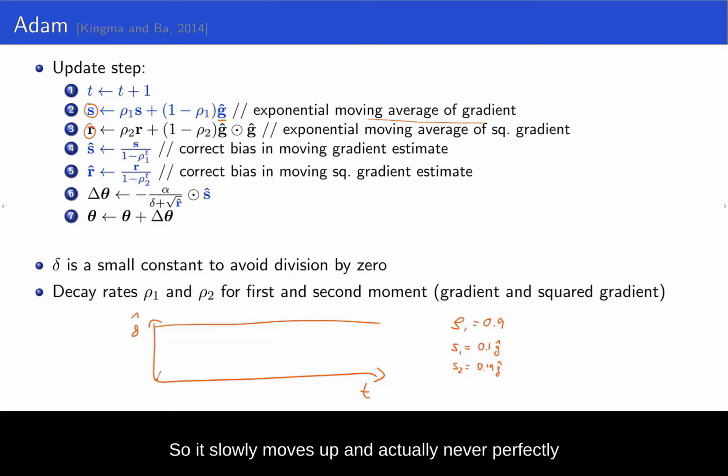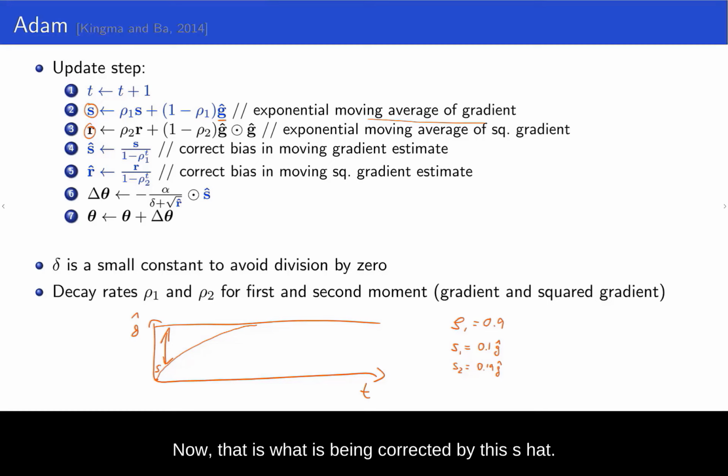So it slowly moves up, and actually never perfectly reaches g hat, but it converges to g hat. Now, it takes quite some steps until it does so, and this difference between S and the g hat, that is what is referred to here as bias.